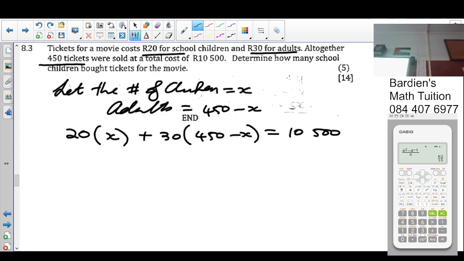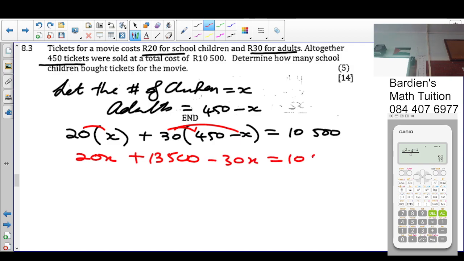So from here, it's a matter of solving for x. These are the brackets. So it's going to be 20x plus 30 times 450 minus x, which is 13,500 minus 30x, is equal to 10,500.